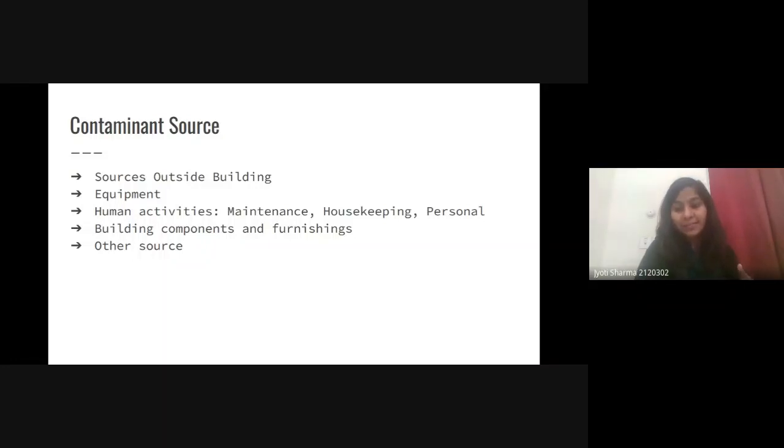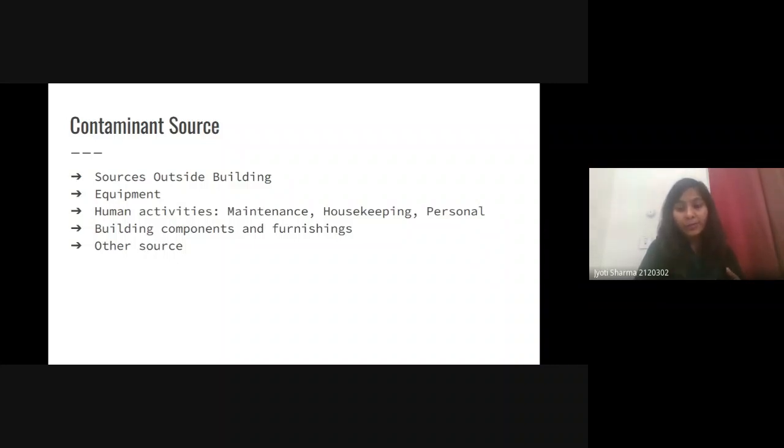For example, AC. Within that AC, there may be dust, there may be some microbes. Or if it is a geyser, then inside that geyser there may be different types of microorganisms that can affect your health. So this is part of the indoor air pollution.